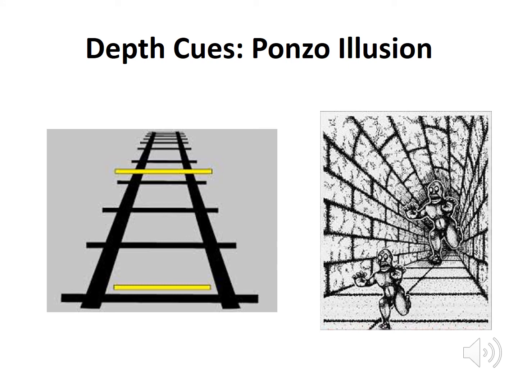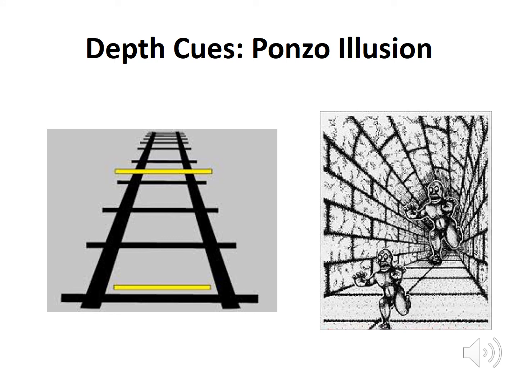Similarly, there's a geometrical optical illusion called the Ponzo illusion after the Italian psychologist Mario Ponzo. The idea here is that you would overestimate the length of the yellow bar in the upper part of the image as opposed to the length of the lower part of the image, although the two bars are exactly of the same length.